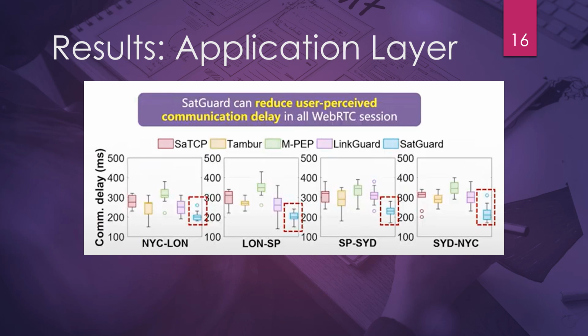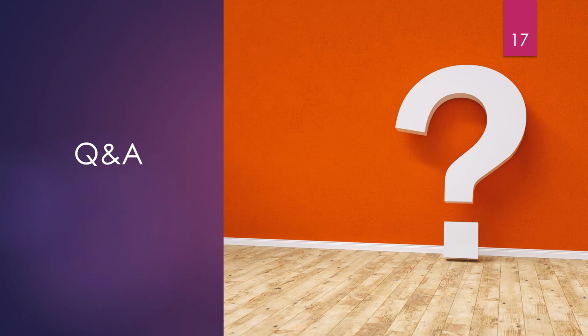And this slide shows that SatGuard consistently achieved the lowest communication delay across all tested routes, as highlighted in the red dashed boxes, and you can see it. This demonstrates that SatGuard effectively reduced delay, improving WebRTC performance in the LEO networks.